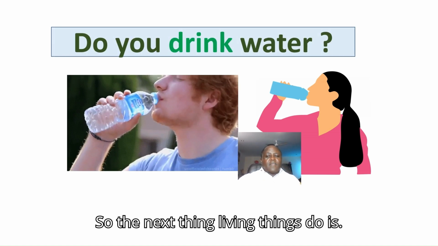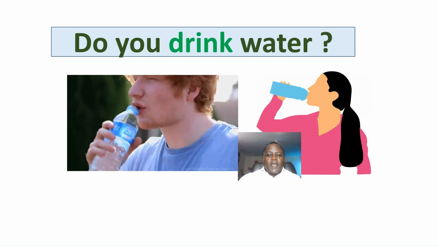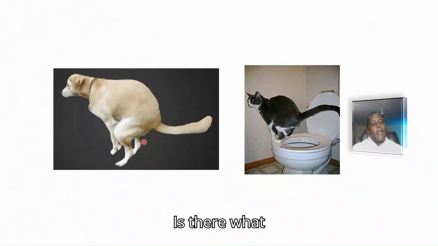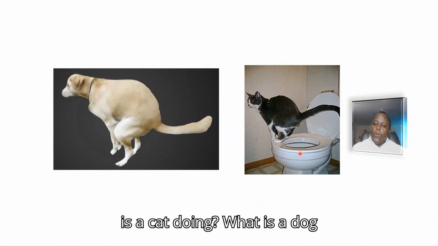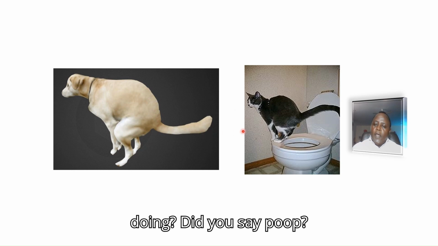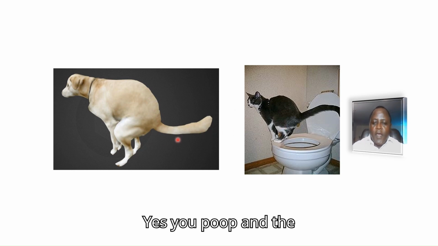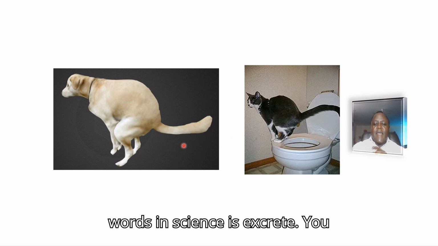So the next thing living things do is, what is a cat doing? What is a dog doing? Did you say poop? Yes, you poop. And the word in science is excrete.